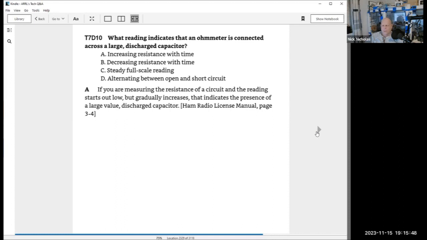How do you prevent measuring across a circuit that might have a capacitor that might be charged? Well, the easiest way would be to put your meter first on volt reading. See if there's a voltage present. If there is a voltage present, then you should short out whatever capacitance is there.